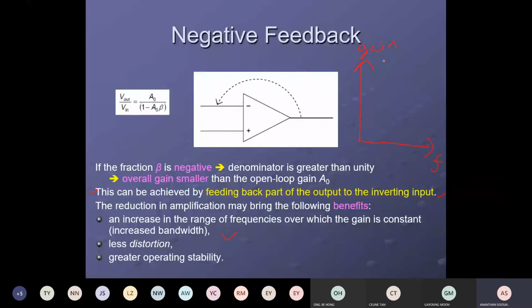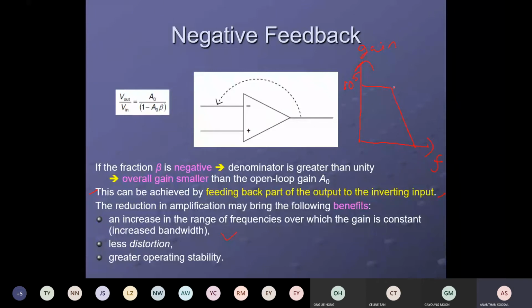The gain of the op-amp versus frequency. The graph will look like this. This is 10 to the power of 5 here. So this is the gain versus frequency graph for the op-amp.